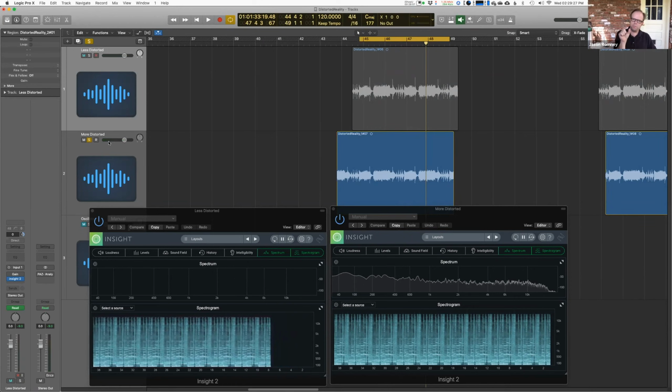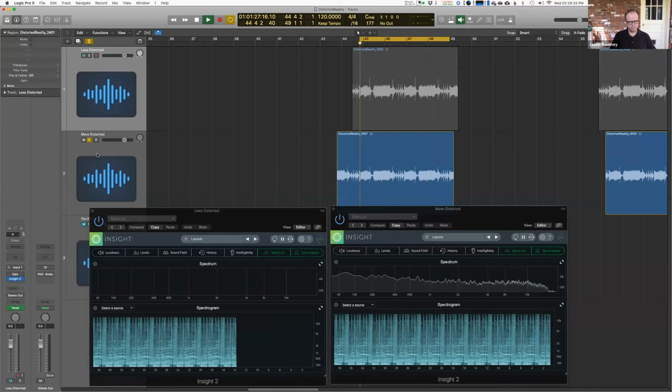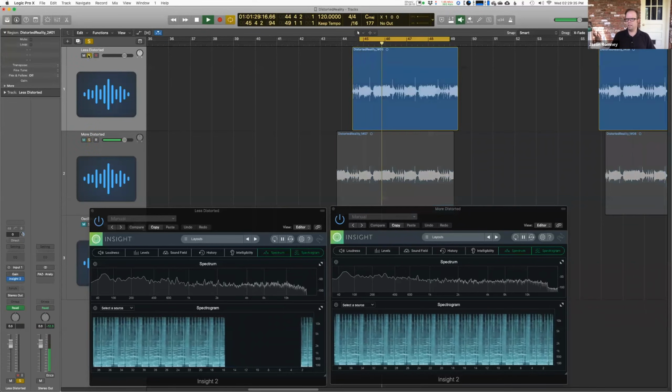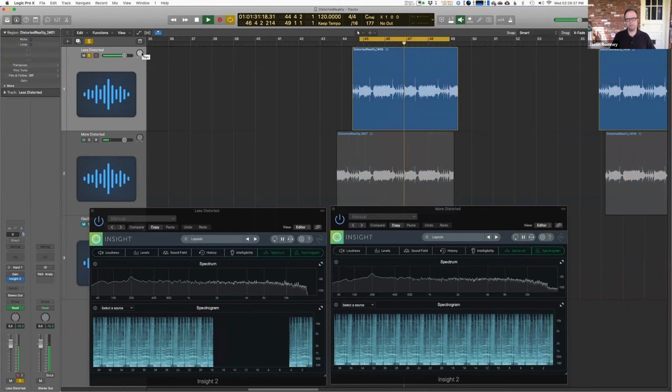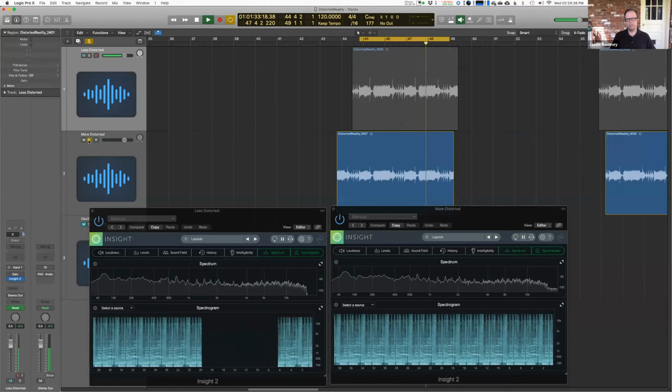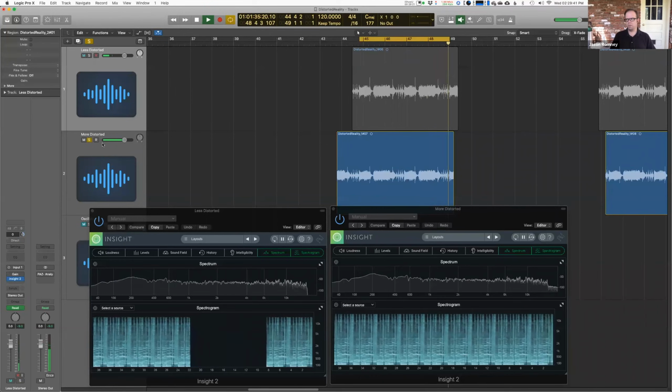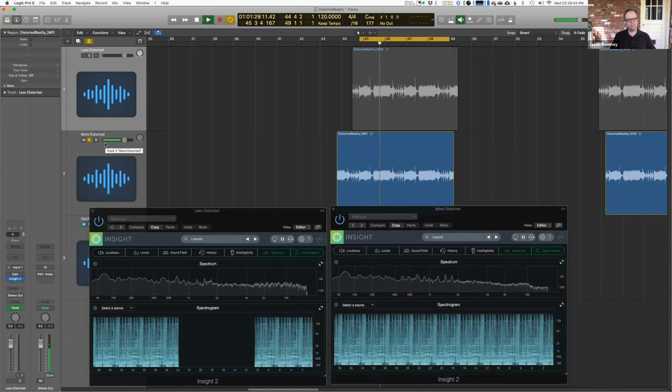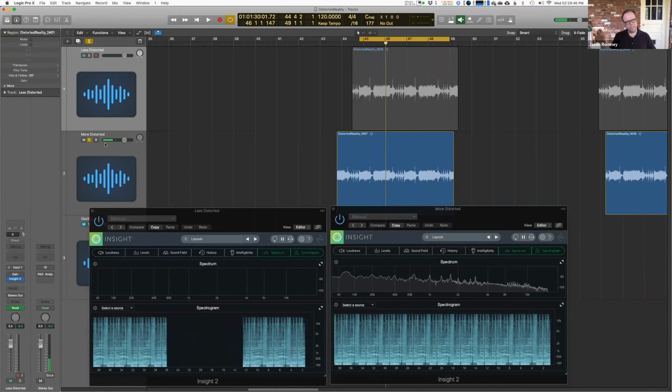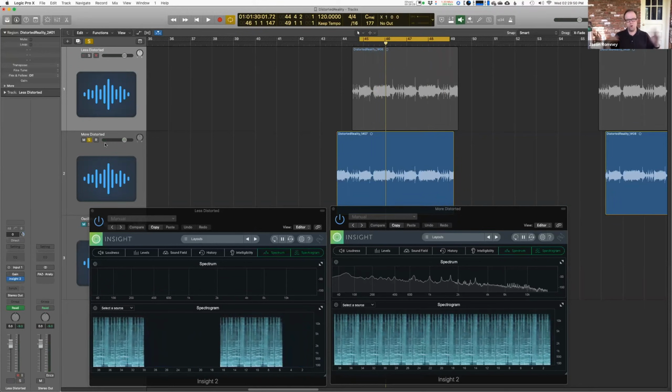On those snare drum hits, it sounds different on the one that is supposedly more distorted. So let's listen to it again. So here's the original. And then here's the distorted one. Okay, you hear how the snare drum tail just gets ever so slightly messy. That's the only thing I can hear. That's the only way I would know that this is different.